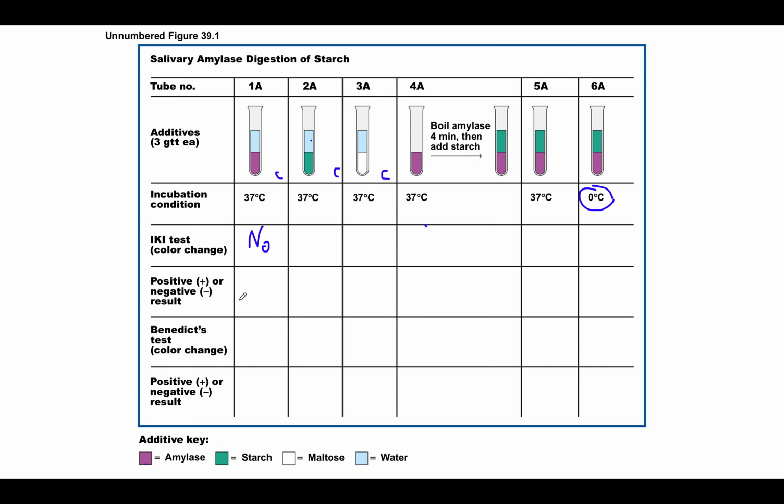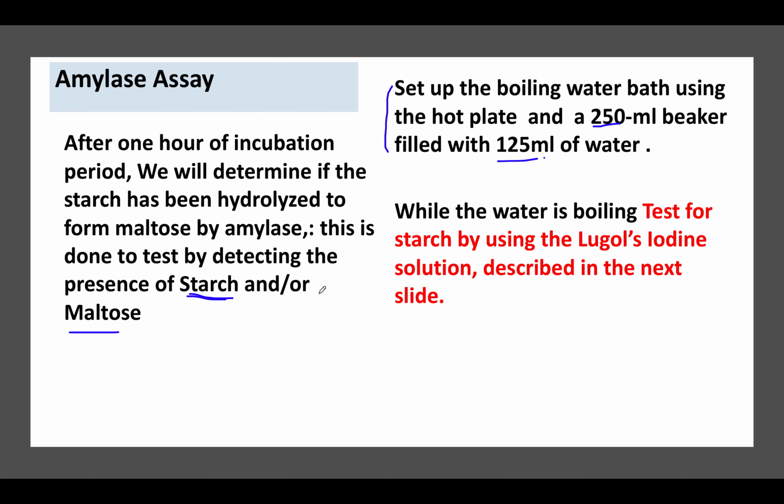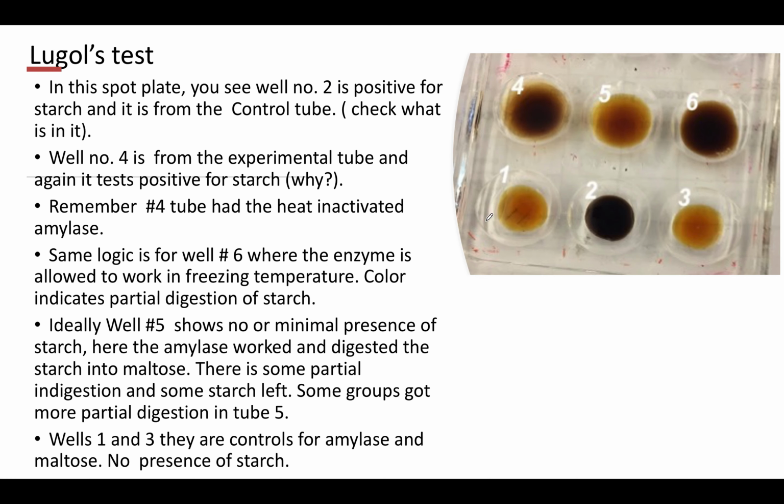So Lugol is negative. Here we added starch. So what do we expect in here? We expect color change, yes. And then Lugol is positive. Let's check. This was negative. And here we have color change, positive.